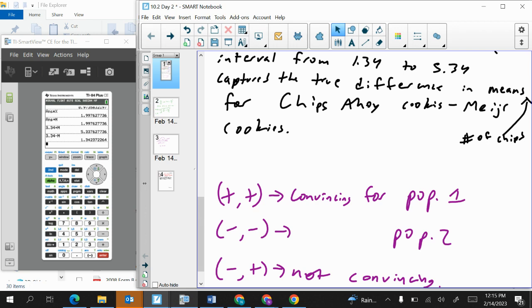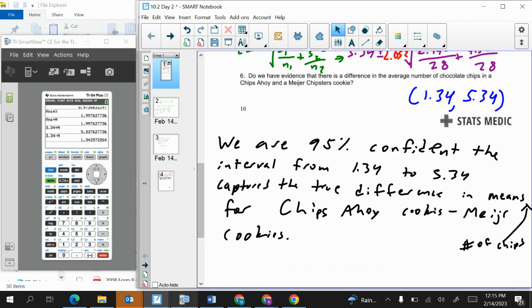All right. So, real quickly, just to wrap up, I want to show you how to do this in the calculator also. It's a little bit faster, but it's going to change your answer slightly. So, stat, over to test. This is now a 2 sample t interval. So I know the statistics.